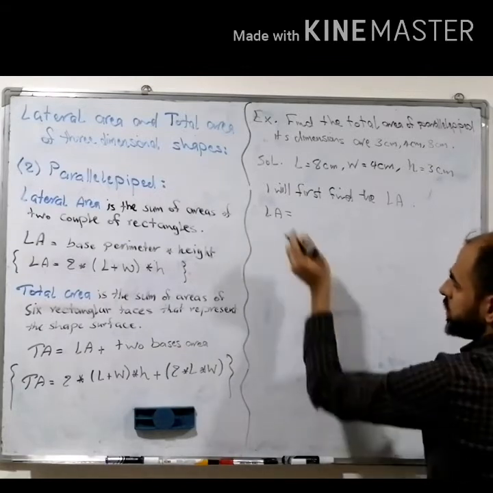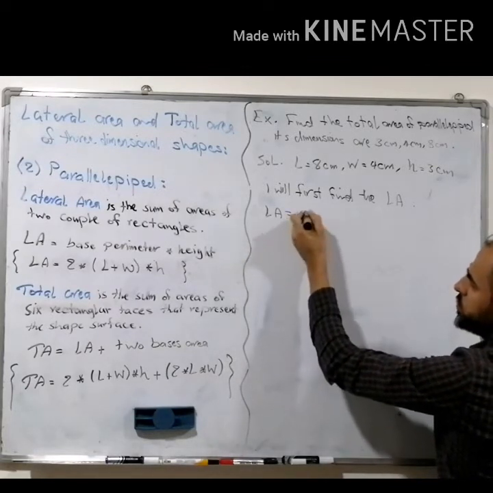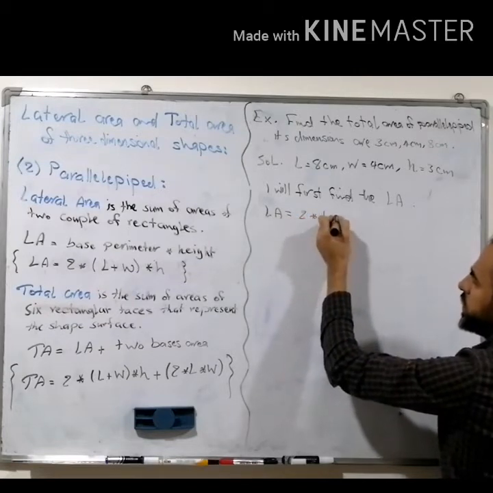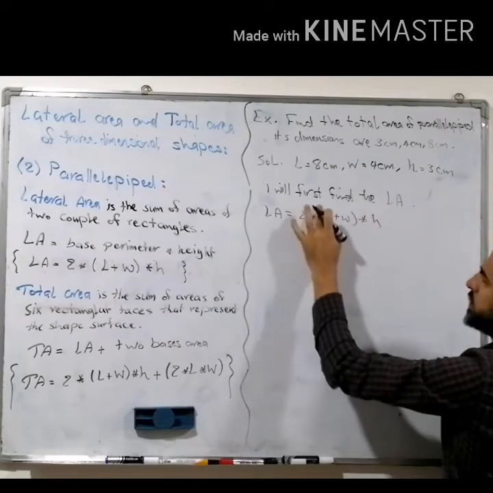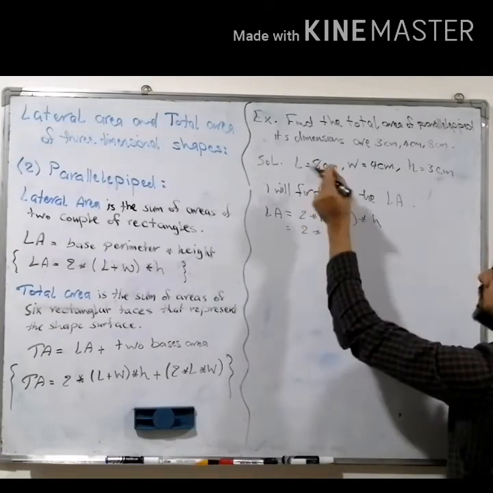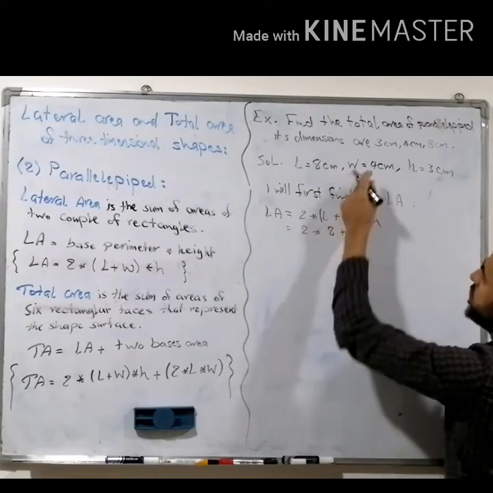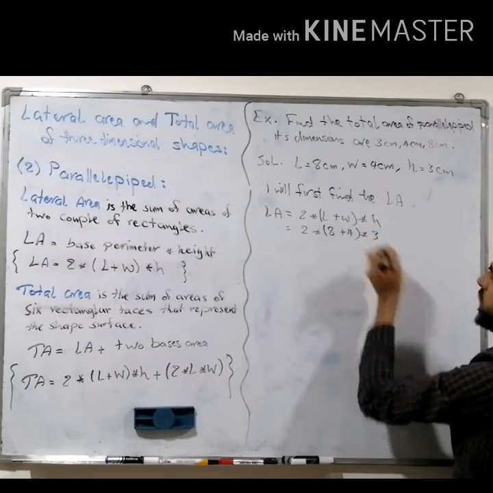we write the law and directly apply it: 2 multiplying by length plus width inside the brackets, all multiplying by height. Then 2 multiplying by the length, which is 8, plus the width, which is 4, all multiplying by the height, which is 3.